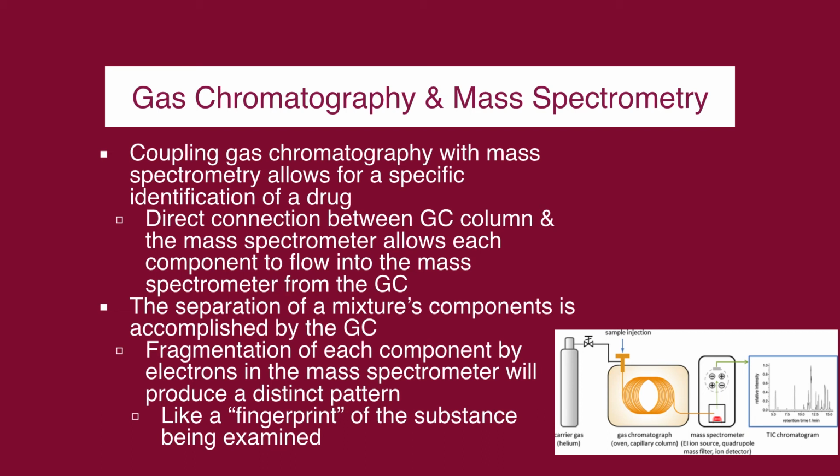And so the first part of separating the mixture into the components is accomplished by the gas chromatography, and then the fragments of each component will enter into the mass spectrometer, and as it flows through the mass spectrometer, it will produce distinct patterns.